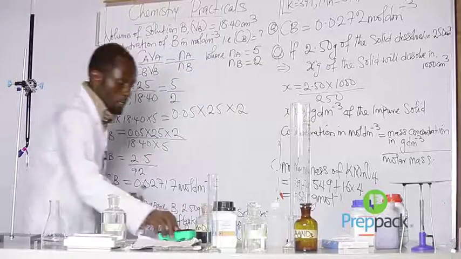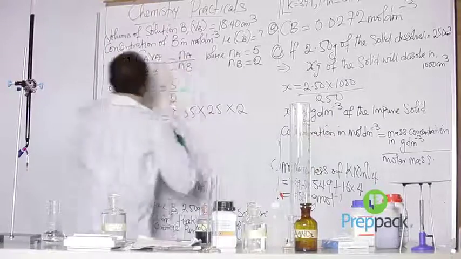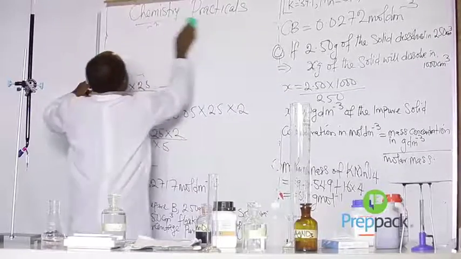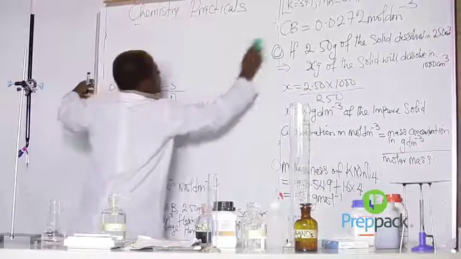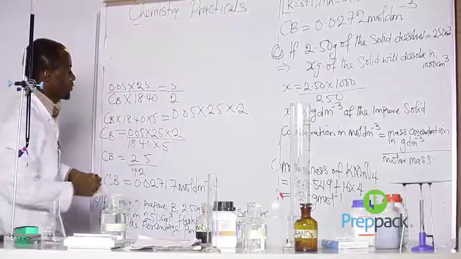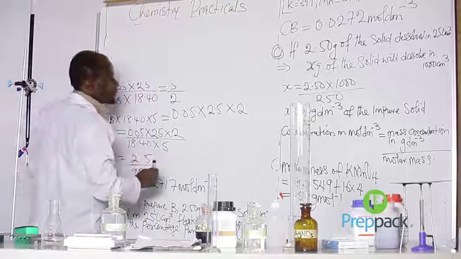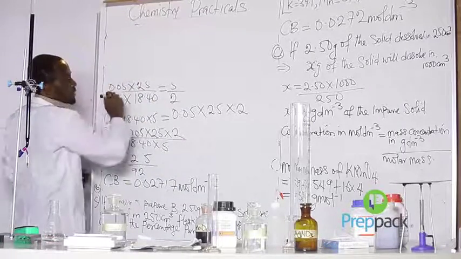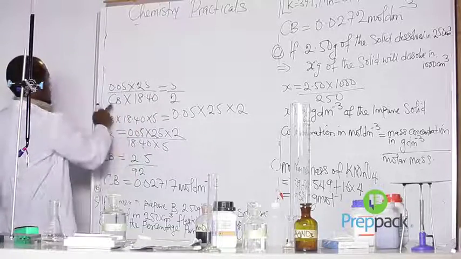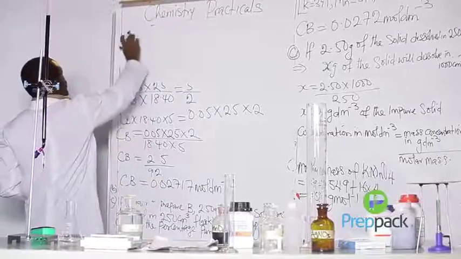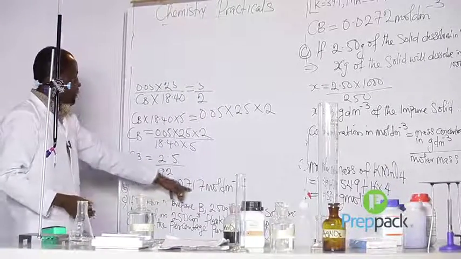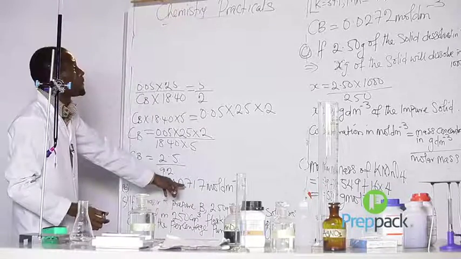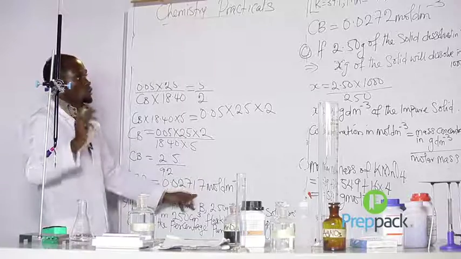To do that, I need to fit the values into this formula. It becomes concentration of B is 0.0271, or 0.02717, which was the raw value.